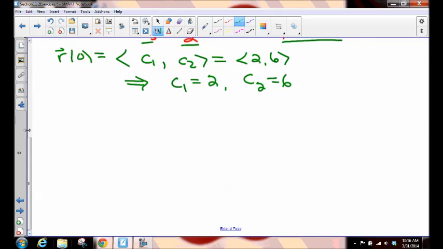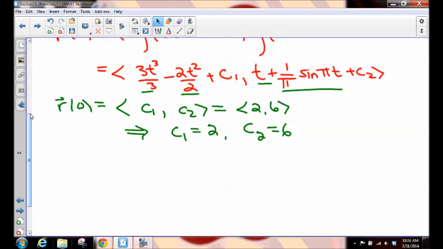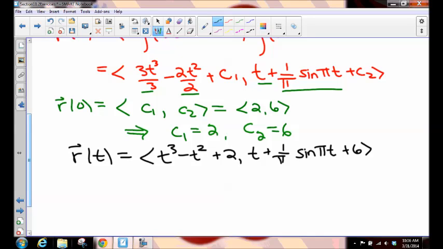Now we can rewrite our expression for r. R of t is t cubed minus t squared plus 2 for the x component, comma, t plus 1 over pi sine pi t plus 6 for the y component.